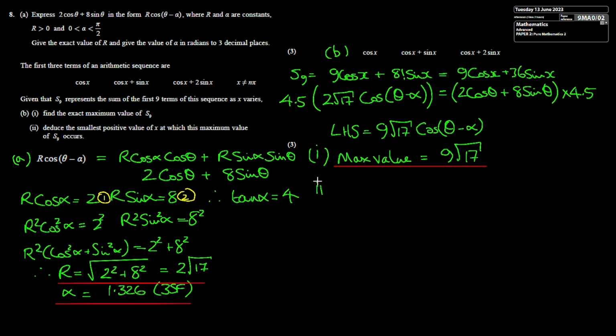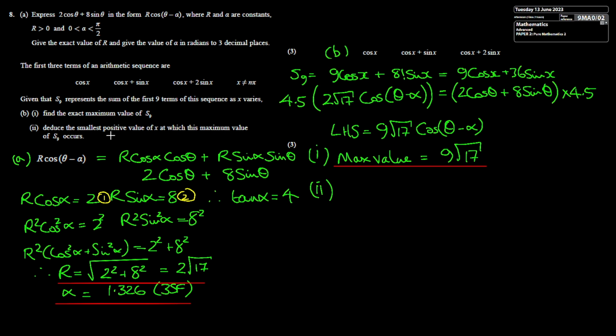Now part 2. Just to say that alpha will be the same because we've multiplied the ratio 2 and 8 by 4.5 each, so it's a factor that will cancel out. So what applied before, tan alpha being equal to 4, still applies with this new setup. So I can use the same value of alpha in part 2.